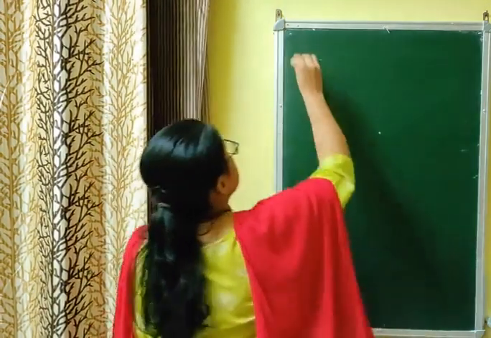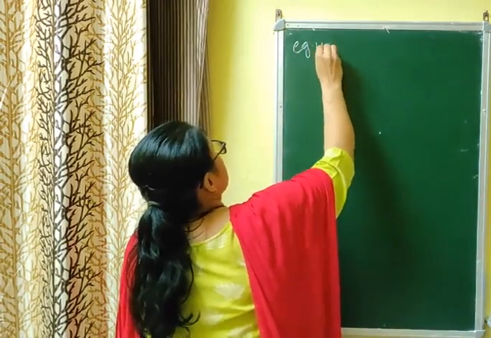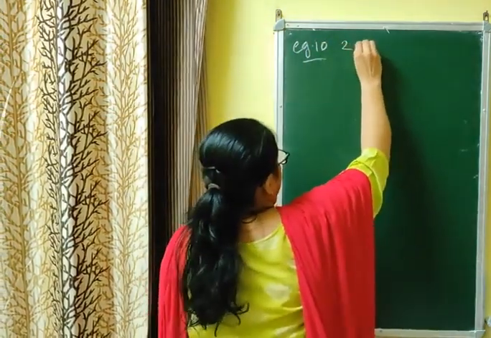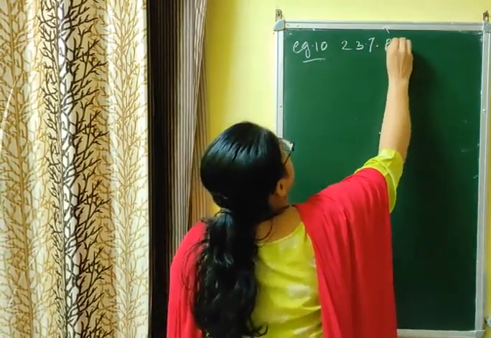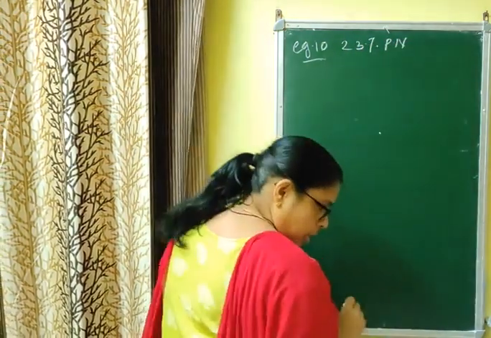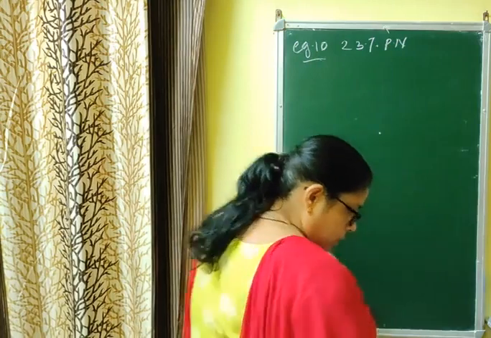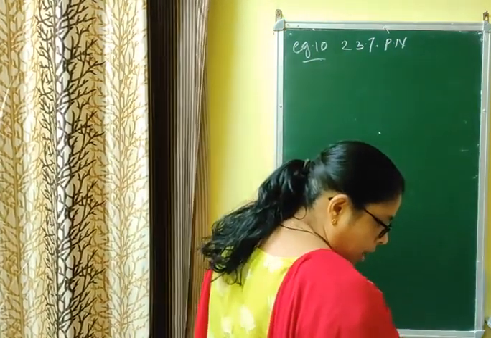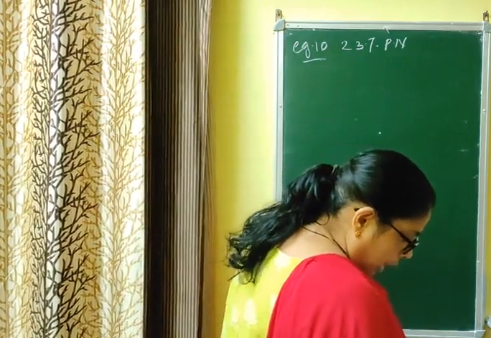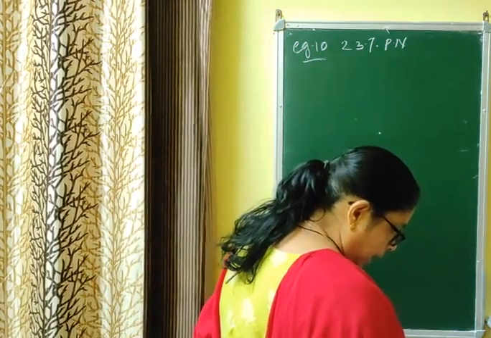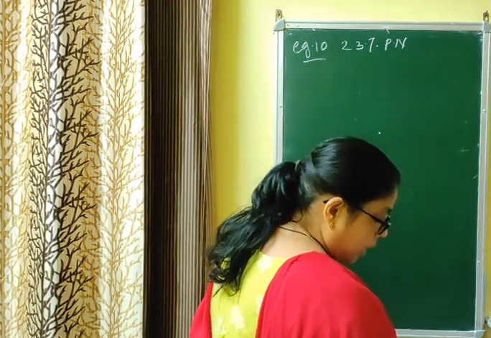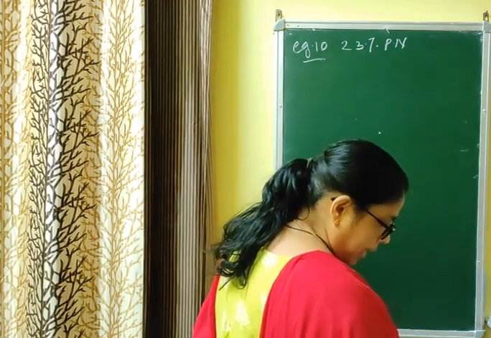Next question I am doing is Example 10, page number 23.7. I am reading the question. If the points P(h, k), Q(x1, y1) and R(x2, y2) lie on a line, show that (h minus x1) multiplied by (y2 minus y1) equals (k minus y1) multiplied by (x2 minus x1).